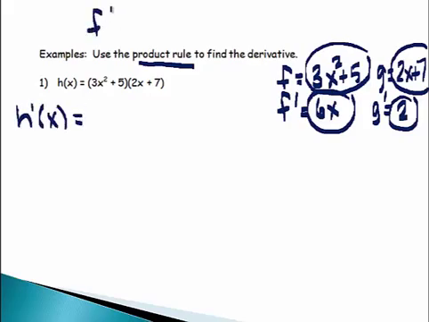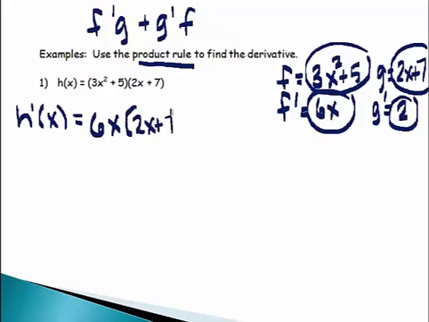All right, so I'm going to do f prime g plus g prime f. And again, the reason why I rewrite this is because it's going to help you do the quotient in a few minutes. So f prime would be 6x times your original g, and your g is 2x plus 7, plus your g prime, which is 2, times your original function for f.